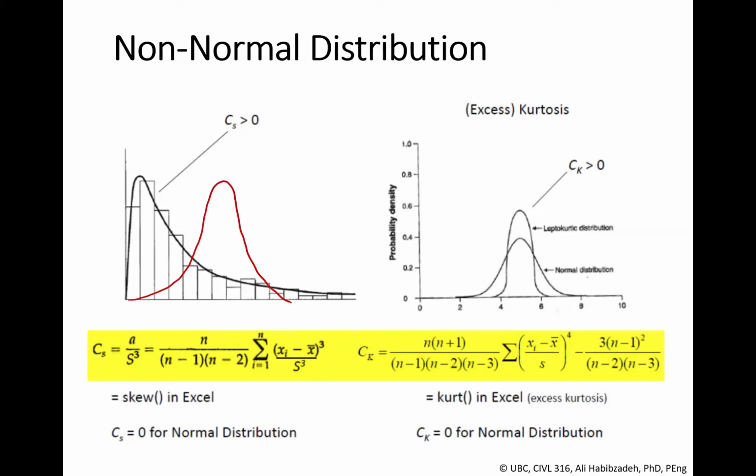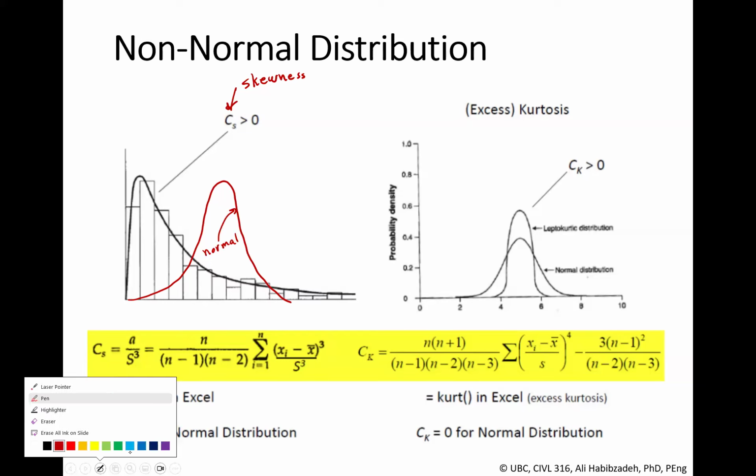If you have positive skewness, CS, C sub S, is actually skewed to the left. You see that? The black one is to the left of the normal distribution. By the way, let me write it down, normal.